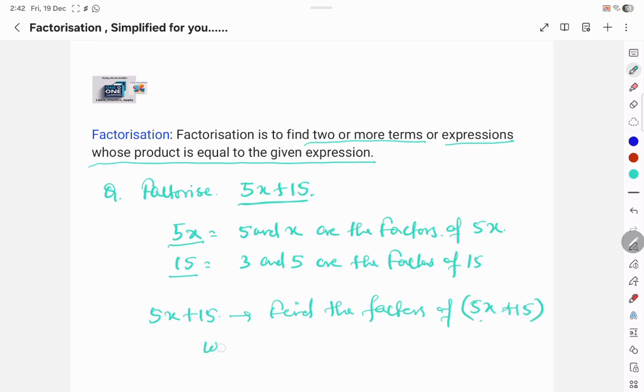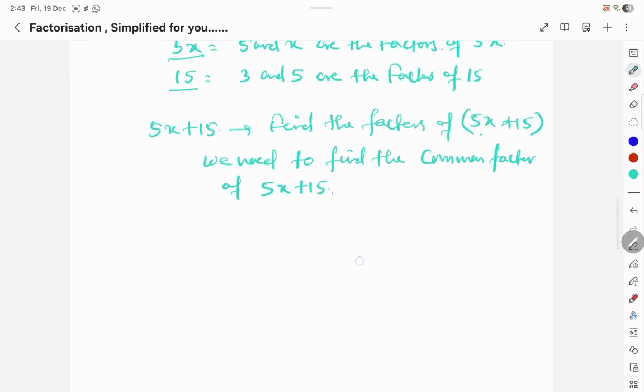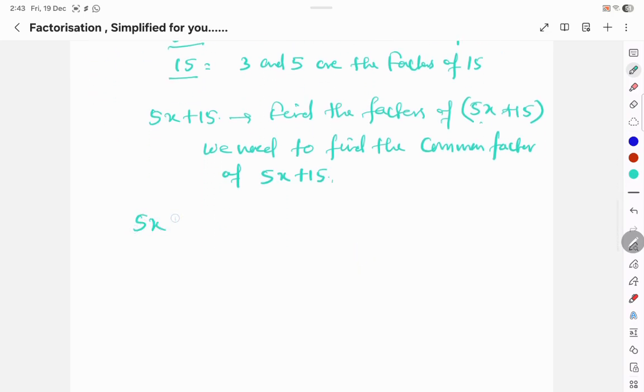That means we need to find the common factor of 5x plus 15. So what we do now, see 5x plus 15. This can be written as 5 into x plus 5 into 3. So basically this is 5x and this is 15.